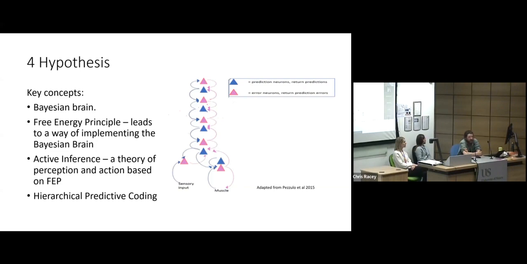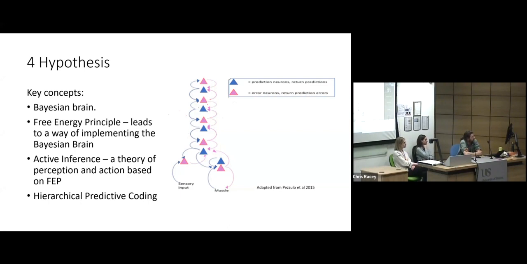And you may have heard of the Bayesian brain. It's driven by the idea that the brain predicts what's going on and infers what's happening from its predictions, combining them with the outside world. The free energy principle is heavily involved in this, with active inference, which I'm not going to go into detail here. But it leads to the idea of hierarchical predictive coding.